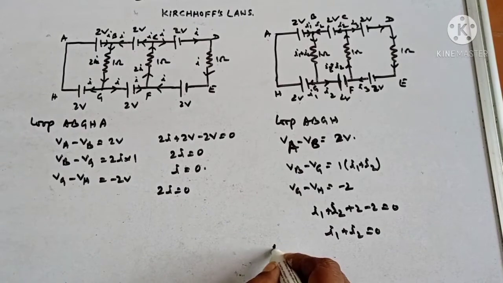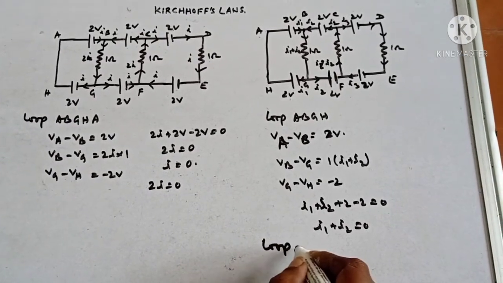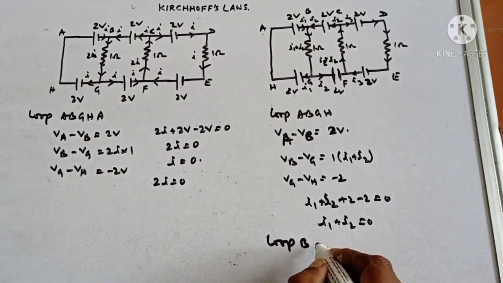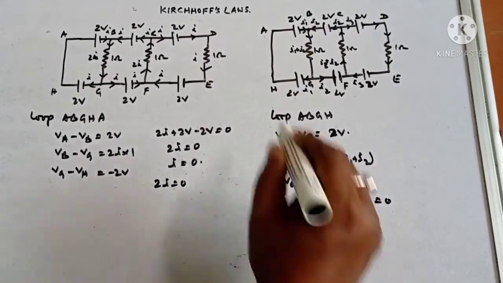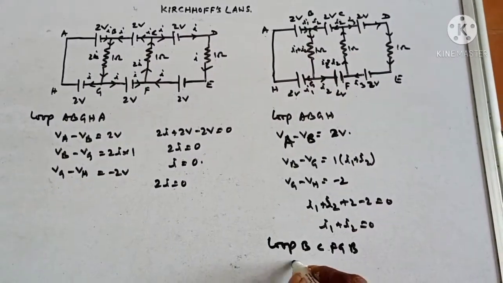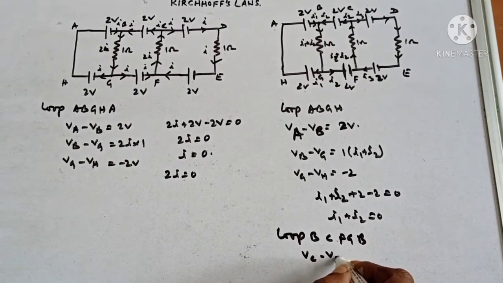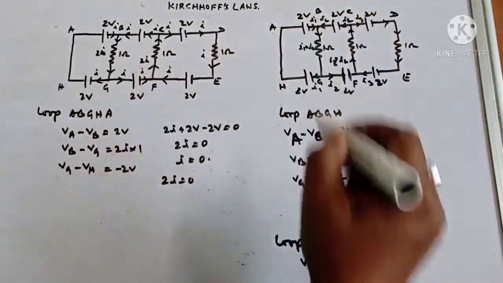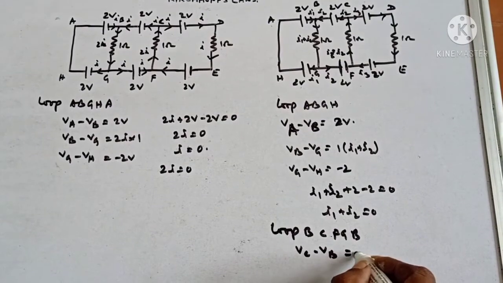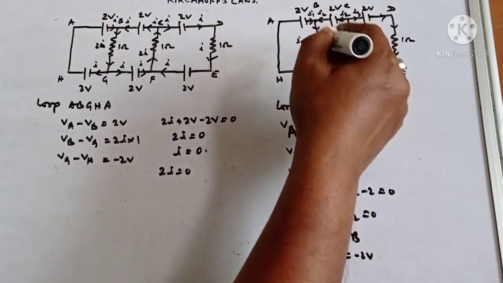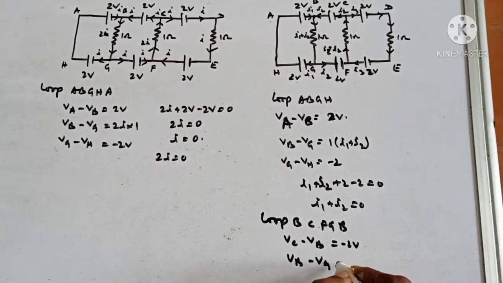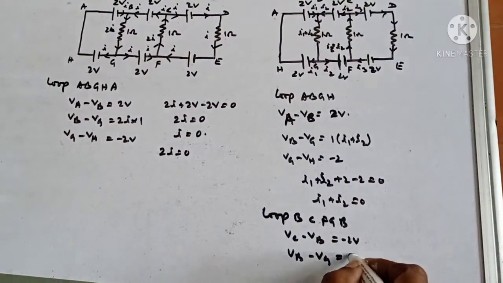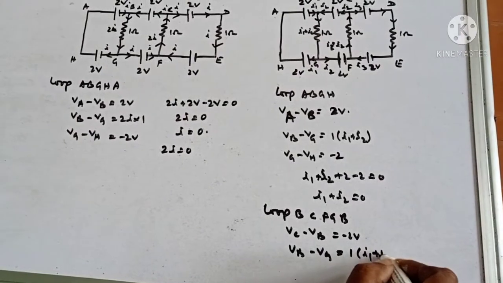You can take loop B, C, F, G, B. Here again you see VC minus VB, that is from lower to higher, so this is equal to minus 2V. And again from here VB minus VG is equal to 1 into I1 plus I2.